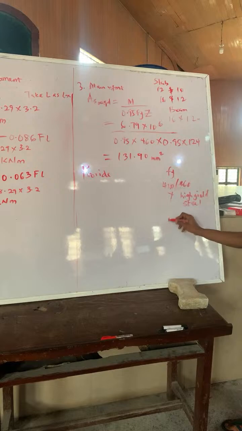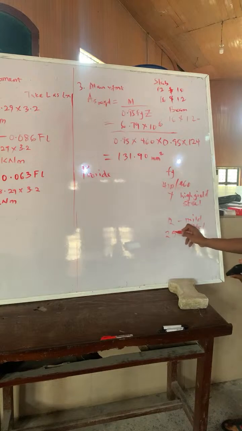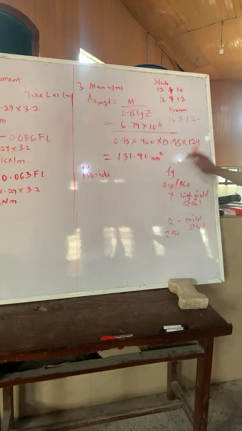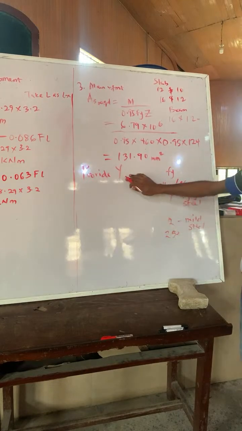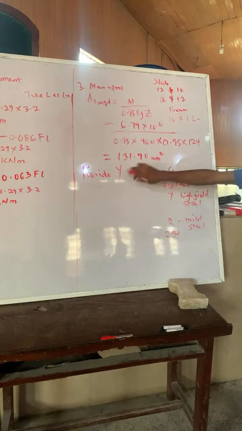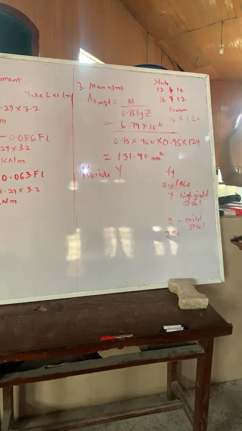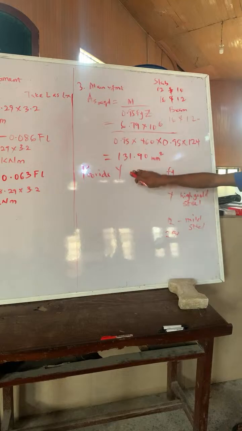But R is mild steel, which is mostly 250, and this one is 410 or 460. So now we will provide Y, because in our question our characteristic strength of reinforcement is 460. That's why we are using Y.